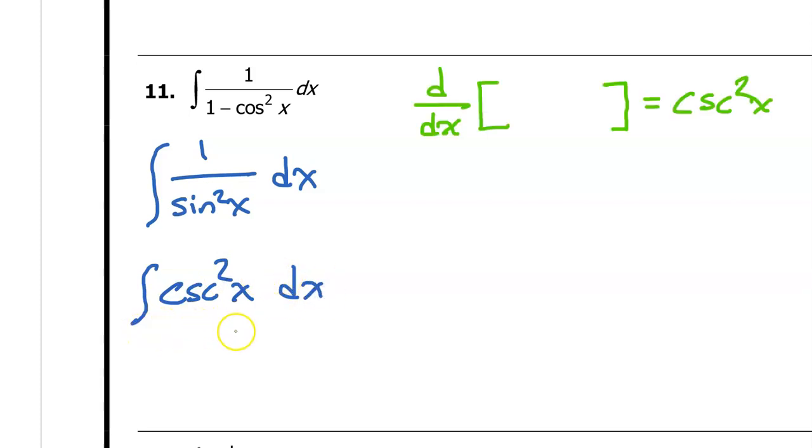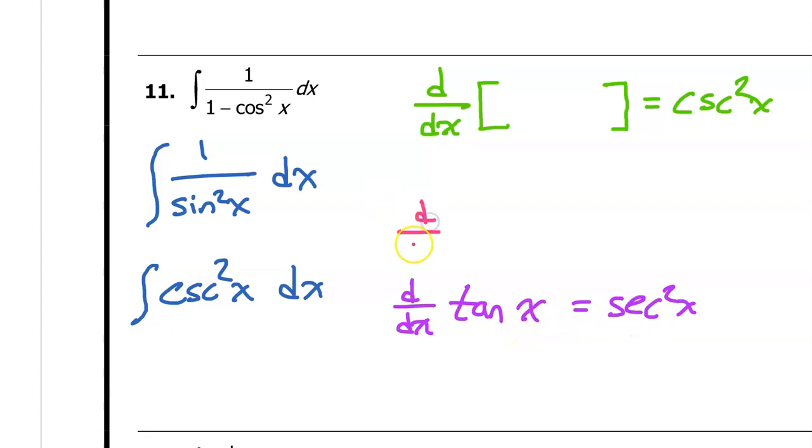As you think about this integral, you should be asking yourself, the derivative of what will give me cosecant squared? Well, we definitely know that the derivative of tangent is secant squared, which reminds us that the derivative of cotangent is negative cosecant squared.